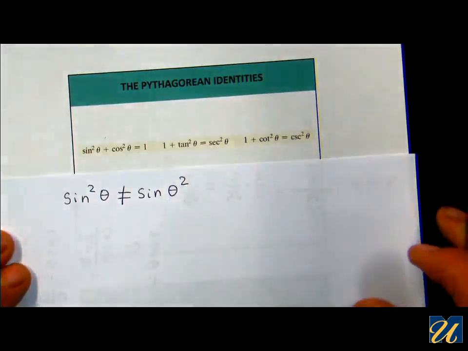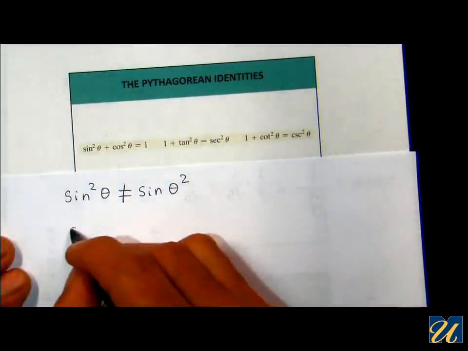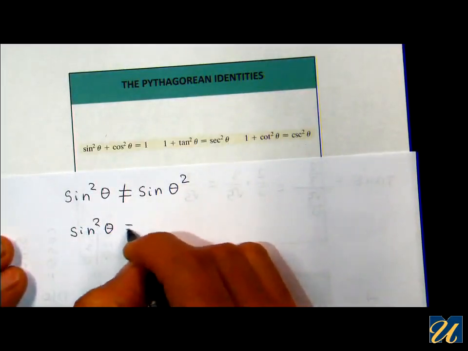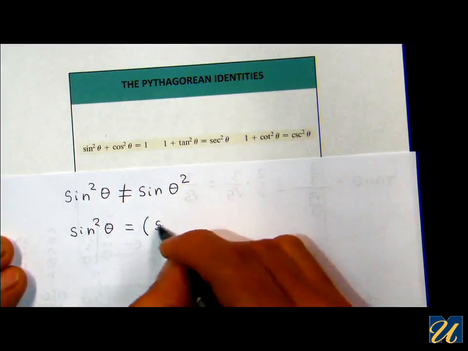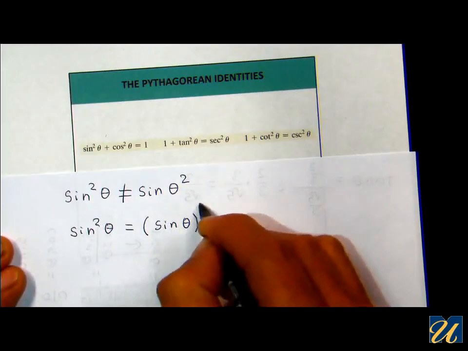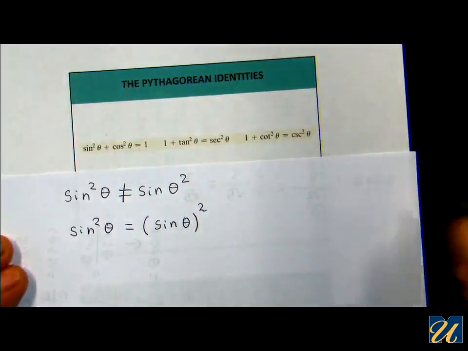They are completely different things. When we write sine squared of the angle, this is short for: take the sine of the angle and then square the answer. These are very different things, but it's very easy to confuse them.